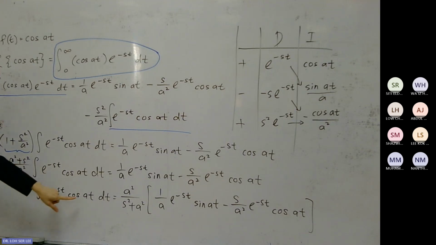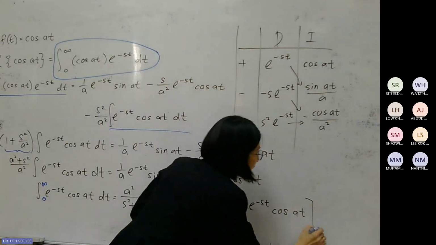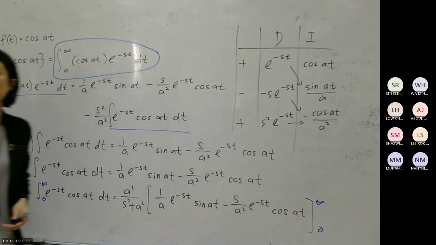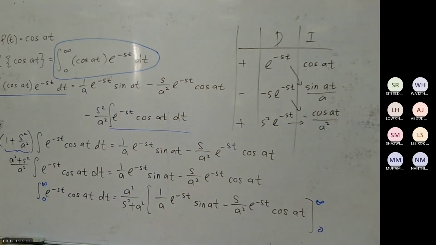But we have already got the one without the limit. So meaning that if you have a 0 up to infinity here, here also 0 up to infinity, because this is what we want with 0 up to infinity.